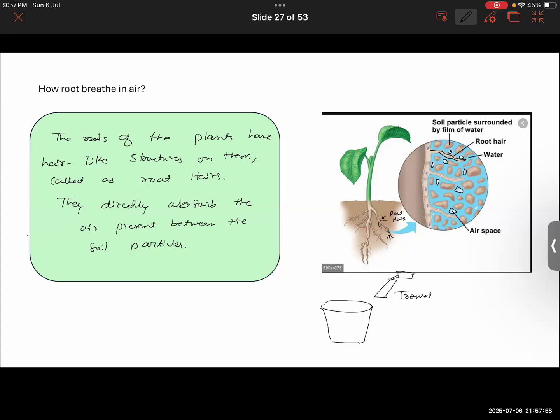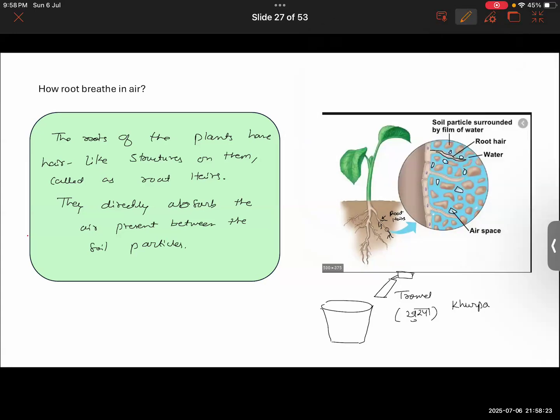Trowel, we basically call this khurpa in Hindi, or like a shovel. So with the help of this shovel or trowel, we should loosen the soil more often so that air spaces will be created between the soil particles.